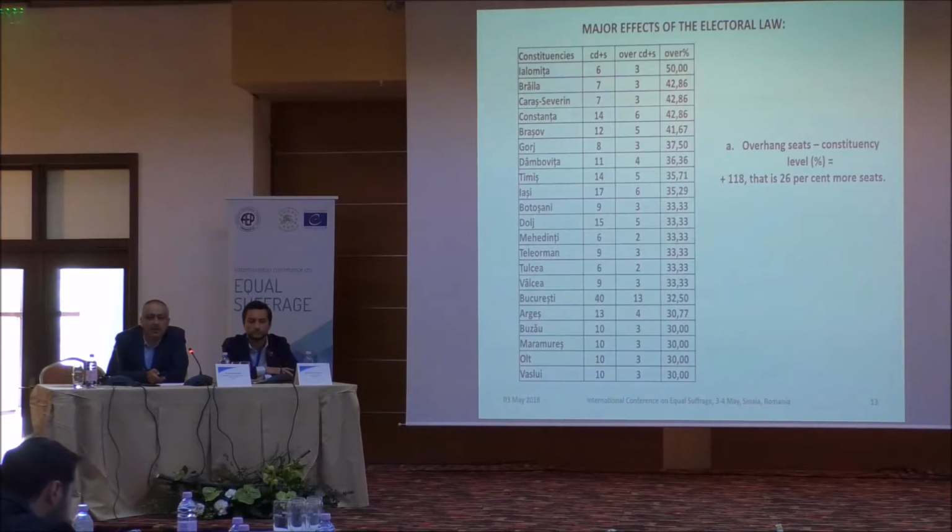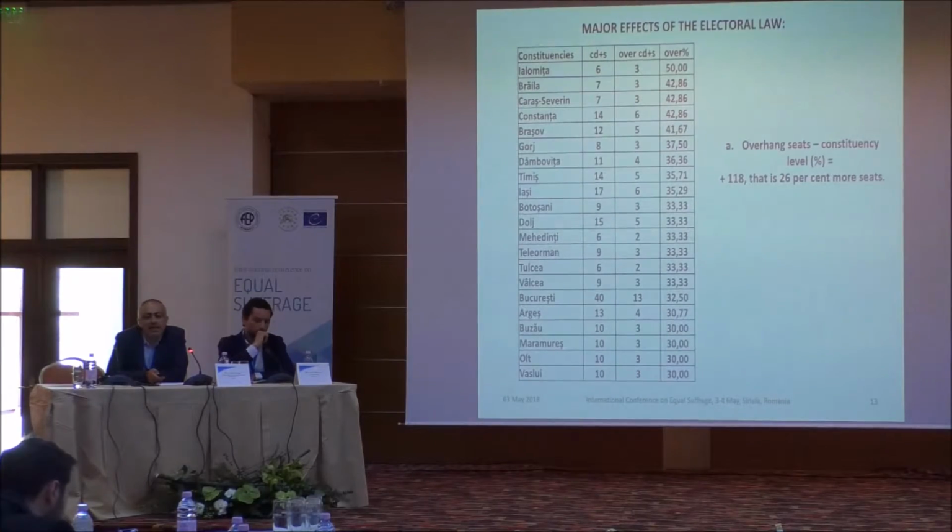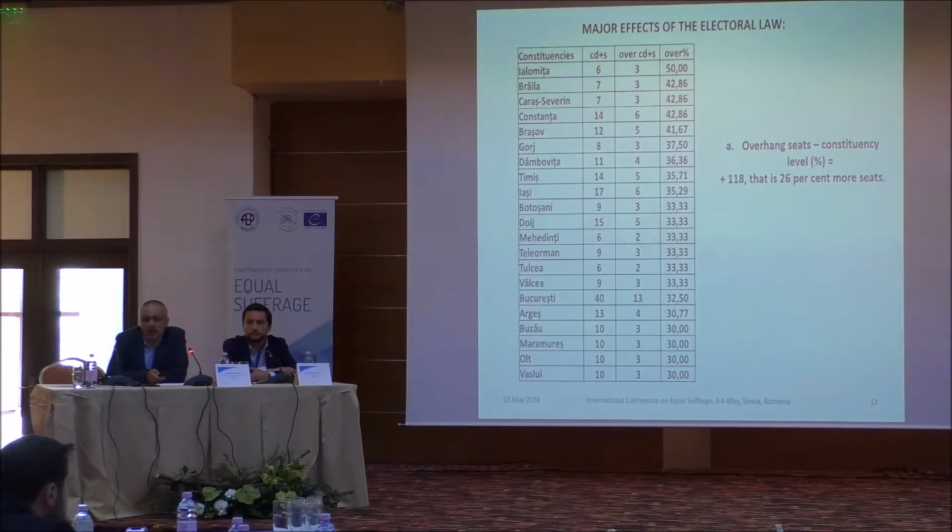An alliance obtained more seats, with an absolute majority, than it was entitled to with the proportional formula, of course, 118 seats more than the proportional formula, which is 26% more seats.